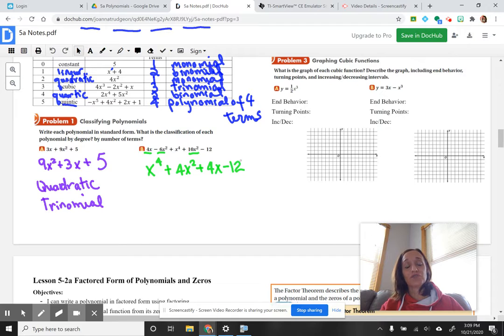Again, in terms of degree, the highest degree is degree 4. So it's a quartic. That's classifying it by degree. And in terms of number of terms, there are 4 terms. So this is a polynomial of 4 terms.